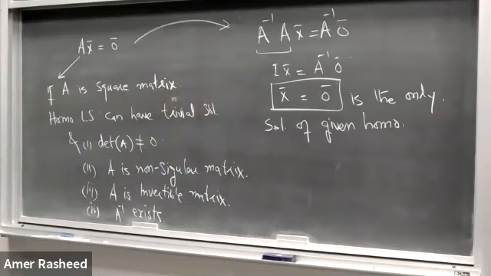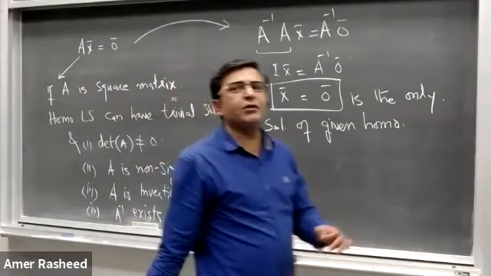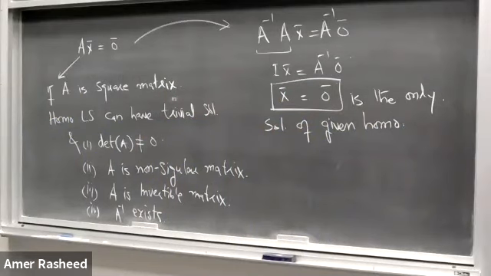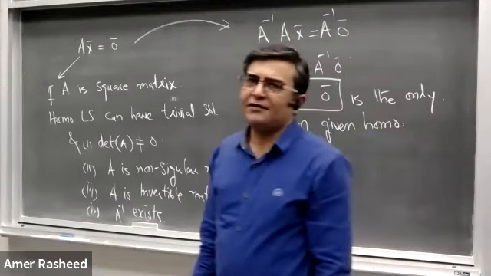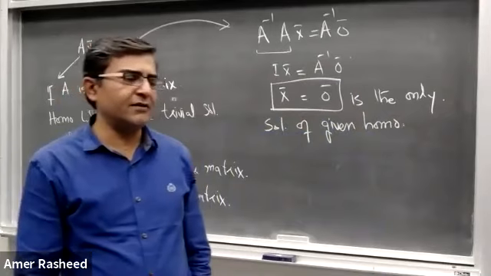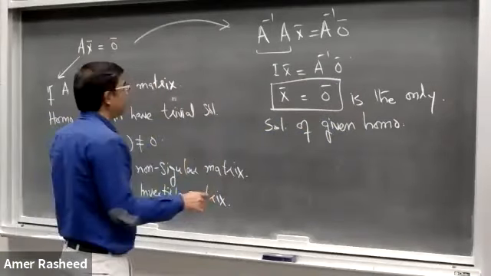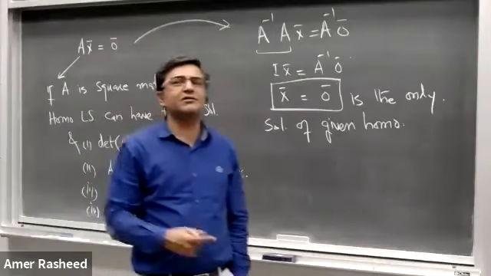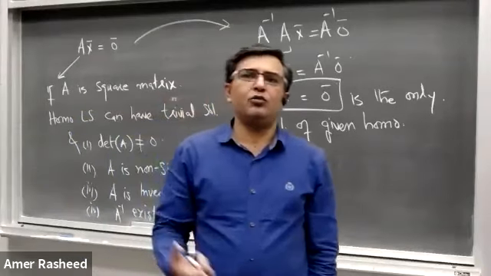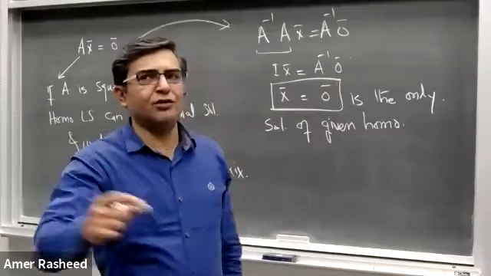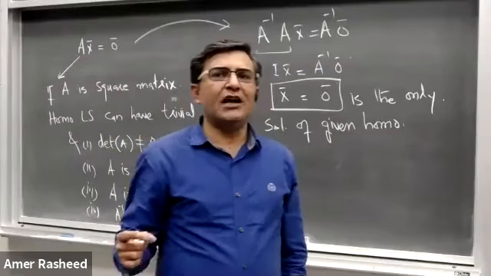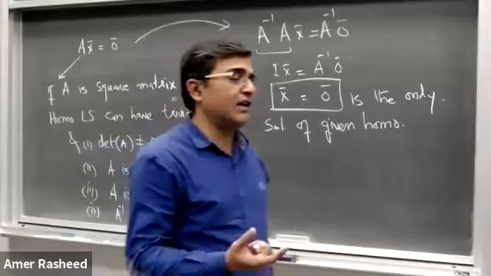So when do we get the trivial solution or zero solution of a linear system? When the linear system is homogeneous and its coefficient matrix is non-singular, or invertible, or its determinant is non-zero, then that homogeneous linear system must have only one solution, which is the trivial solution, or zero solution, meaning all the unknowns have zero values.